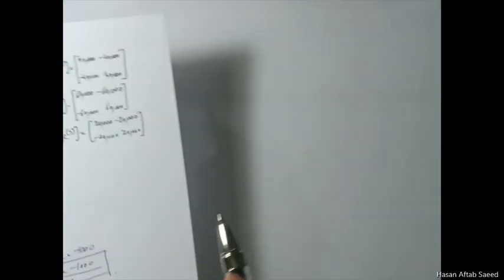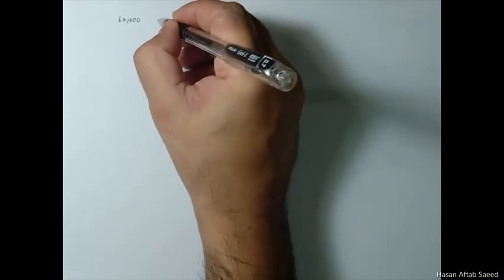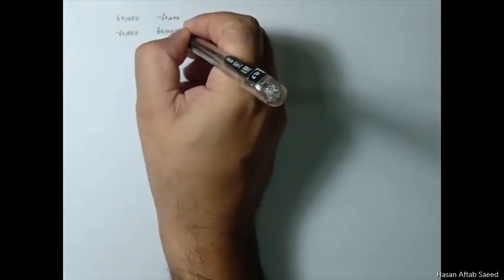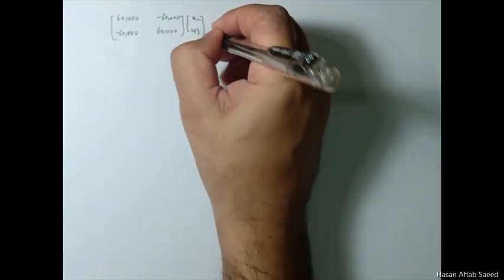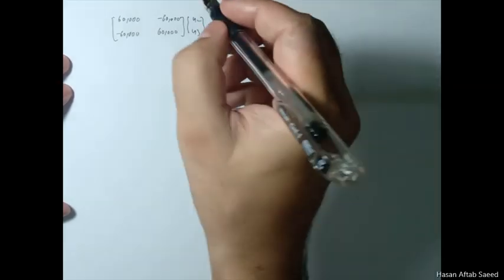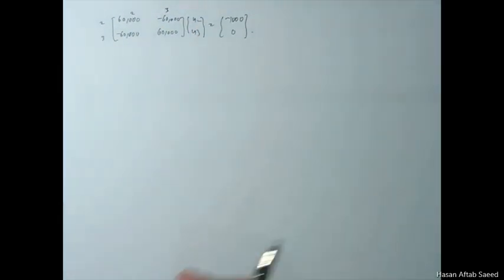Because we are going to do an operation on this one, let me reproduce it as it is. 60,000 minus 60,000, minus 60,000 and 60,000, U2 U3 is equal to minus 1,000 and 0, and this is 2 3 2 3 location.